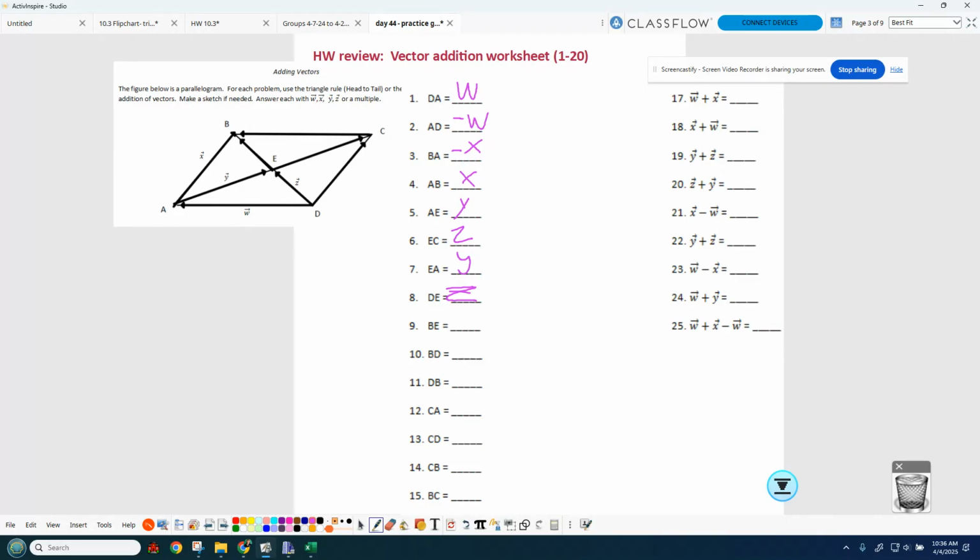Emma, can you do number 10? David, can you do 11? Aaron, can you do number 12? Noor, can you do 13? Emery, can you do 14? And William, can you do 15?